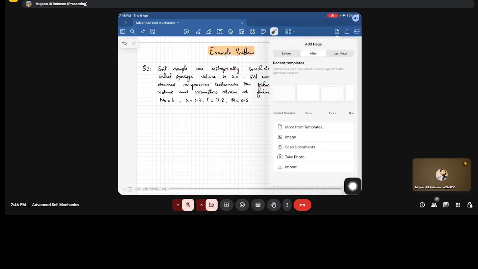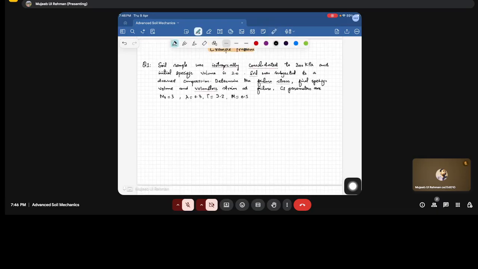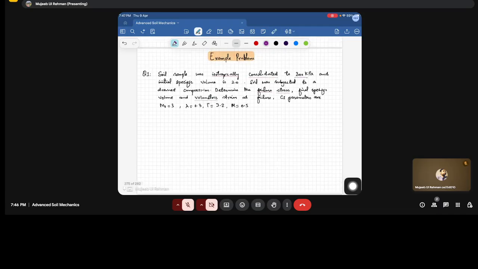We'll start. For failure, we have been given the isotropic pressure of 300 kPa. We know the relation between the failure stress p'f, the final stress, and p'0, the isotropically consolidated stress.